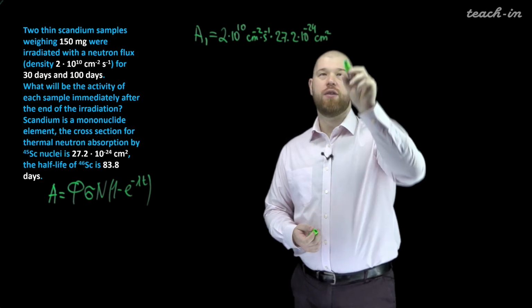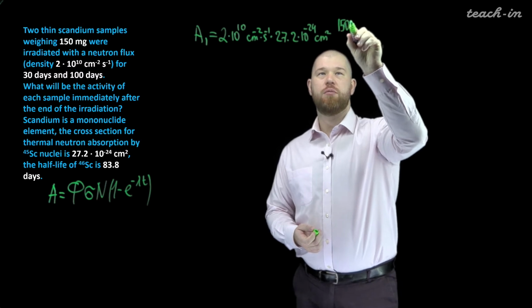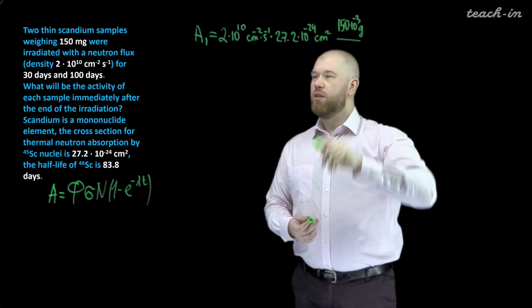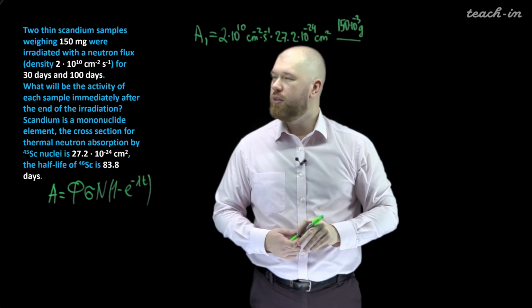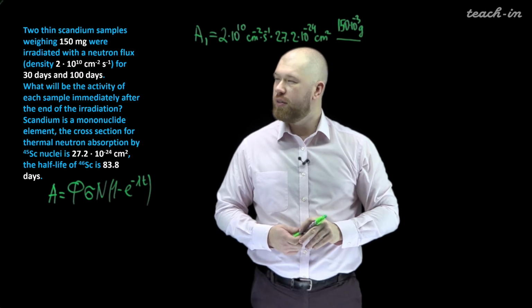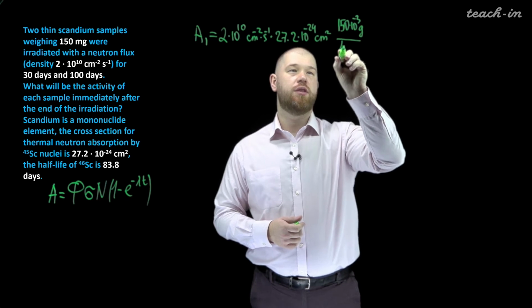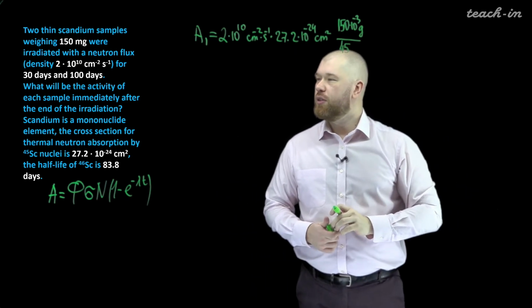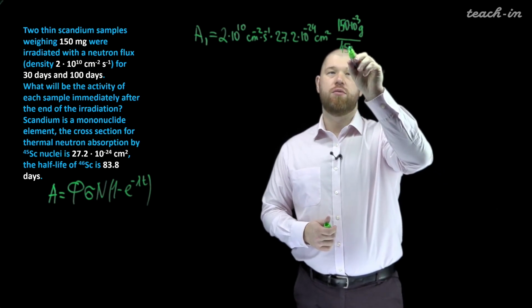So we have 150 milligrams, so it is 10 to minus 3 grams. Scandium is a mononuclide element, and the mass of this element is 45 grams per mole.